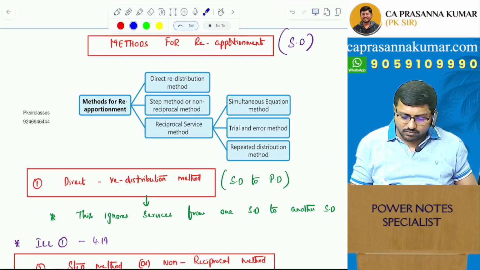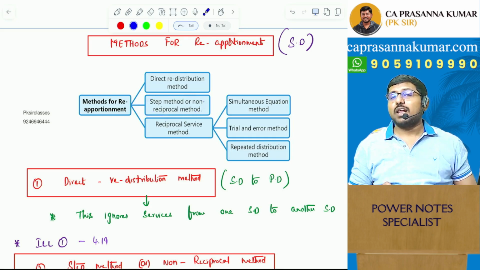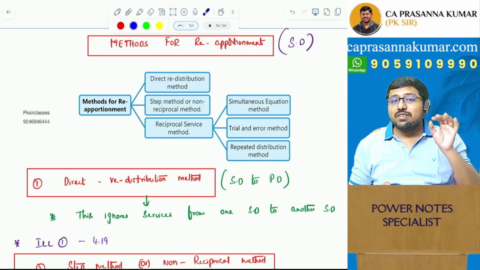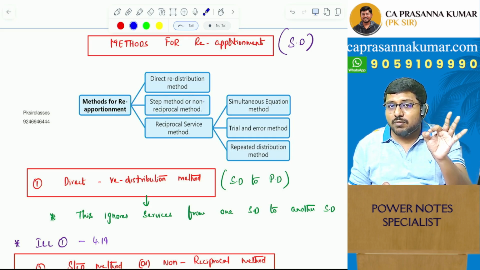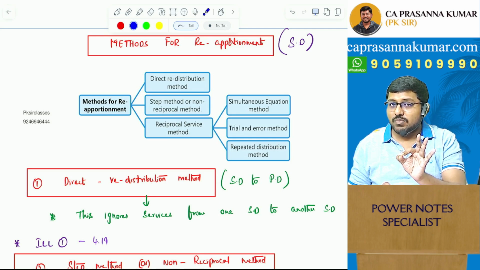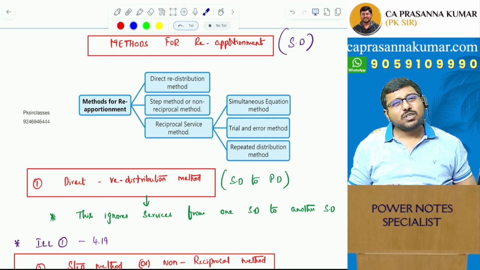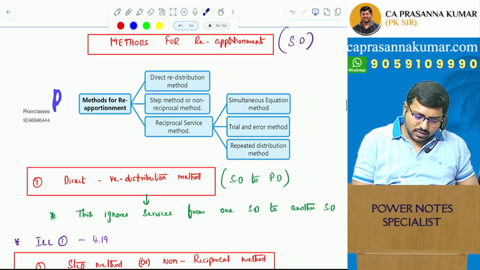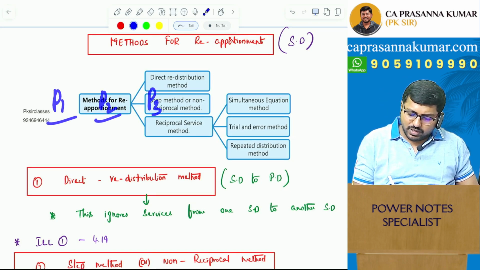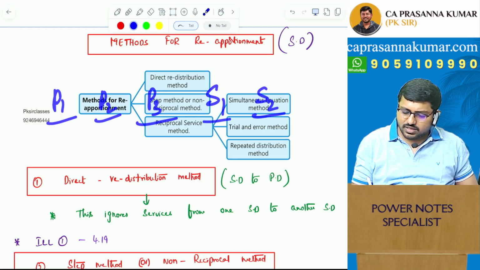Clear? In step ladder method, we will consider one service department providing service to another service department only one way. It is like one-way traffic. One-way traffic means what, sir? I'll tell you. Let's say there are 3 production departments and 3 service departments, okay?